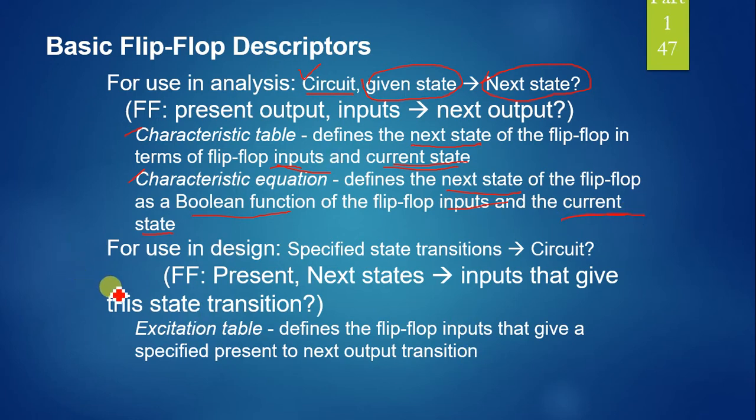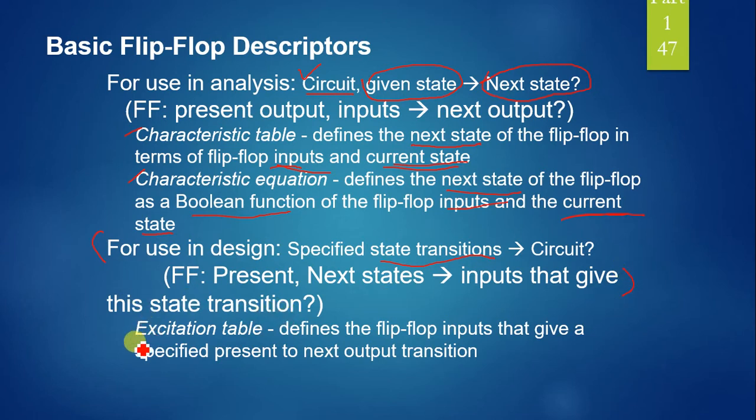Especially in designing any flip-flop or any digital circuit at large scale, we have to define the state transitions, how it will create a transition from one state to another state, which is basically used to initially design the digital circuit.